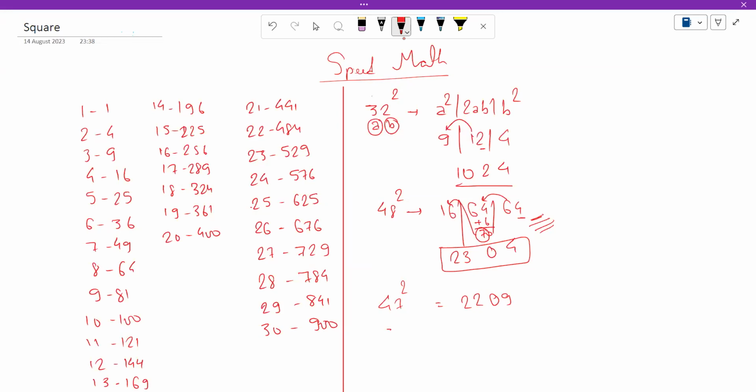Or if I tell you to find the square of 51, I'll say 26, 01. If I tell you the square of 57, then 32, 49, without calculating. How will we do this? There's a trick for that. We'll see the tricks.